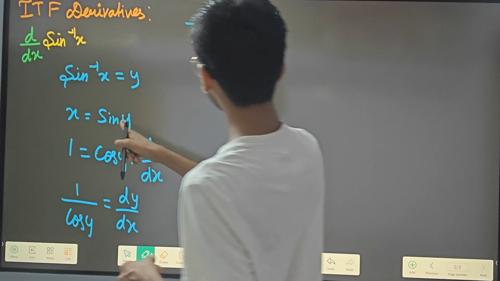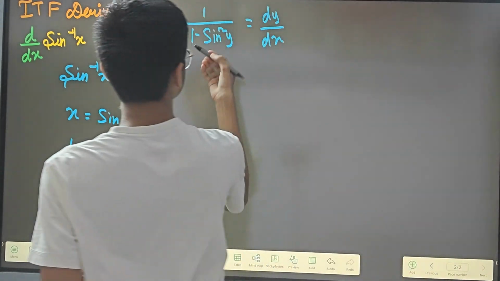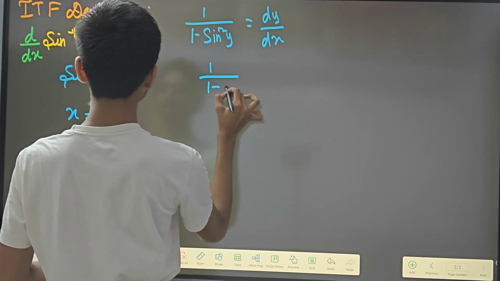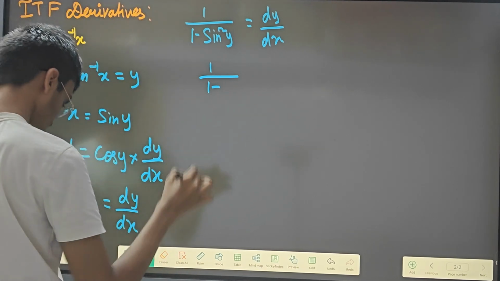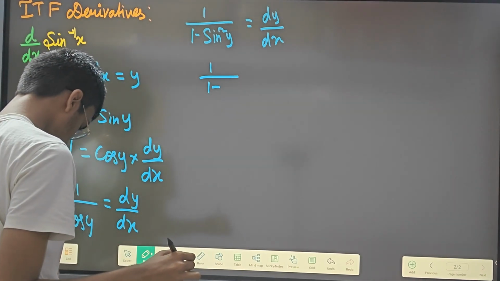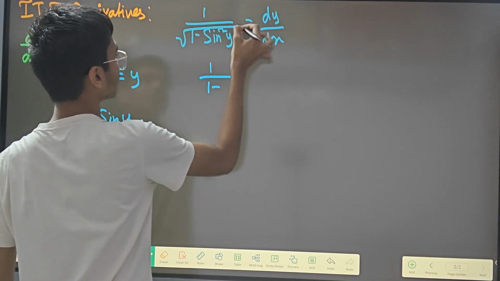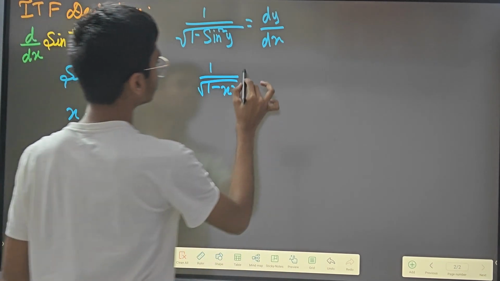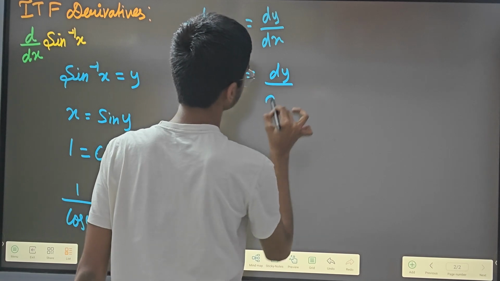So what is sin square y? Sin square y is equal to x square, right? So 1 by root over 1 minus x square is equal to dy by dx.